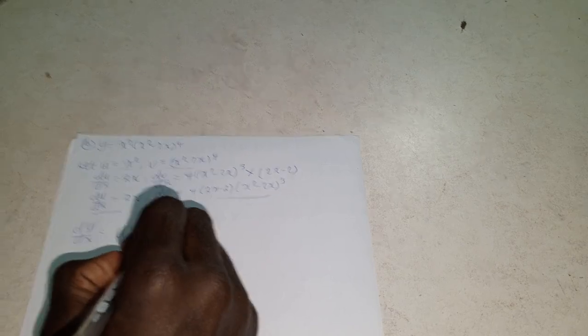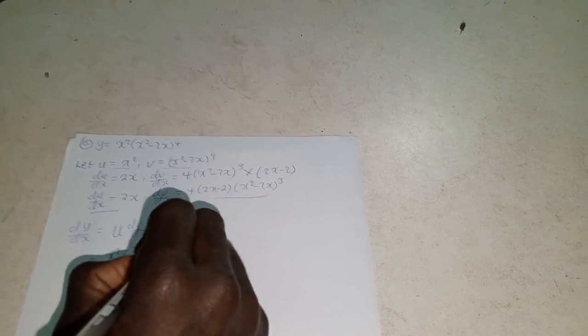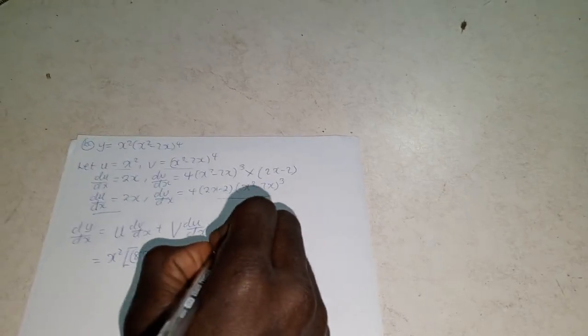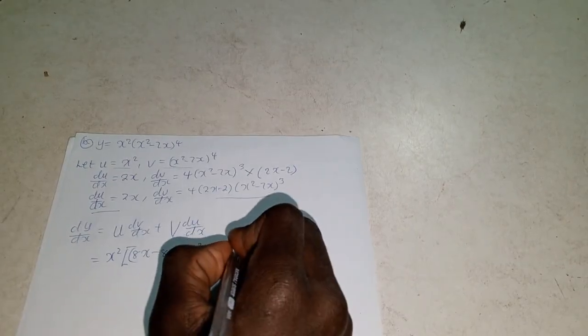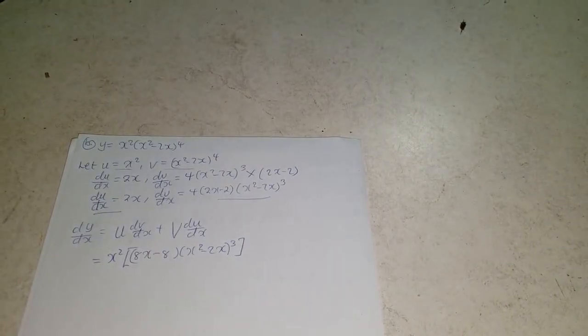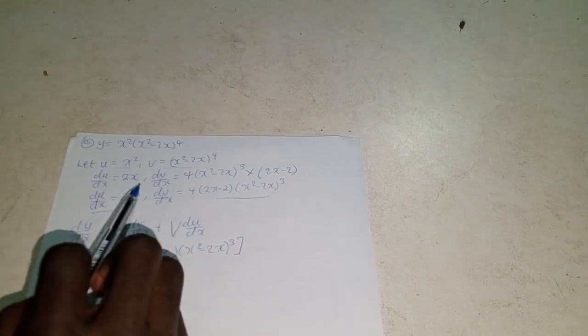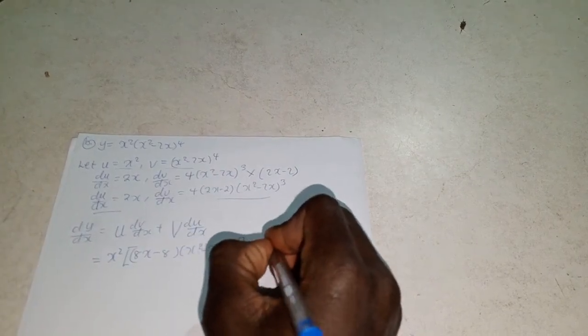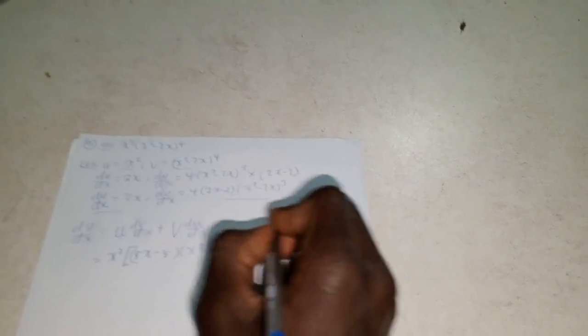It's going to become 8x minus 8 multiplied by x squared minus 2x raised to the power 3. So this is your u multiplied by dv dx, and then your v multiplied by du dx. Your v is x squared minus 2x raised to the power 4, and then our du dx, which was 2x, multiplied by 2x.